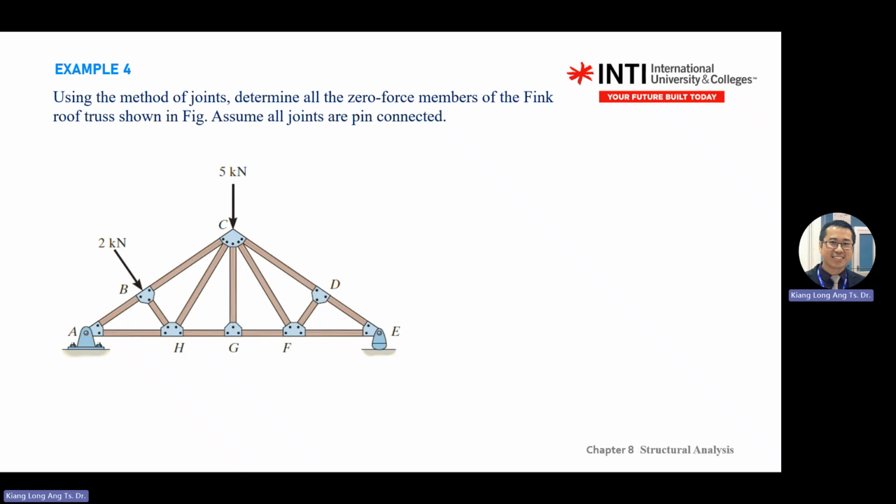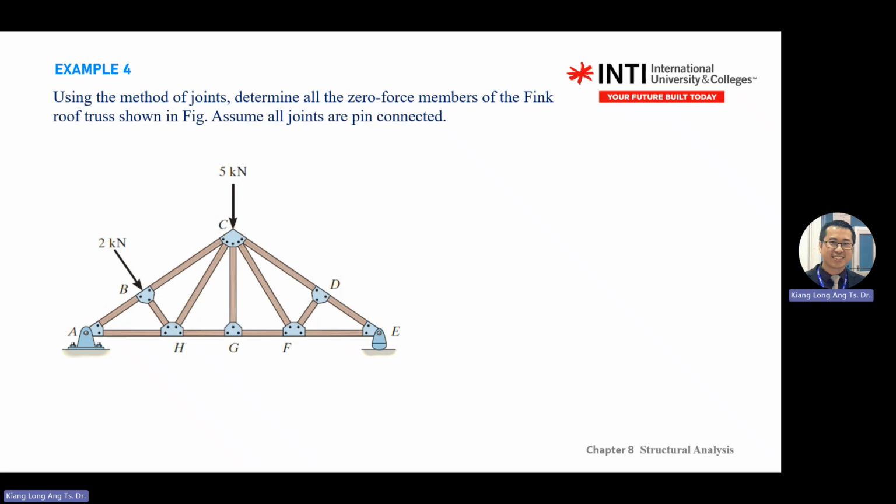Same, this one is also 0, because this one is 0 already and you have 3 members. So this one is 0. Then this one is also 0, because these two are 0 and this one is collinear, these two members and 1 member. So this one is 0.